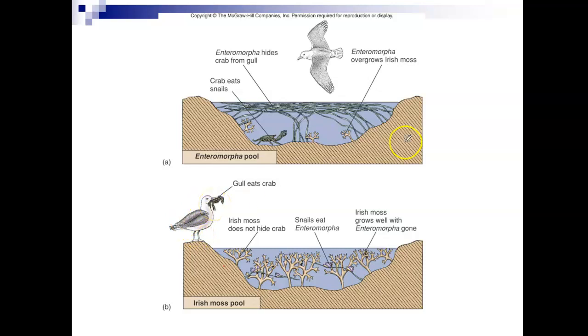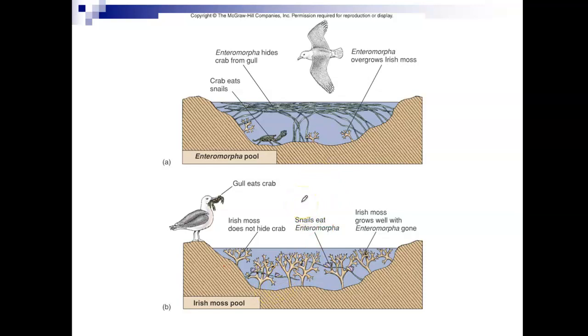And so by having slightly different habitats, if the Enteromorpha inhabits this area early on, it creates a very different habitat than here in the Irish moss pool. And the story becomes even more interesting when you talk about the fact that the periwinkle snails won't inhabit new tide pool areas.